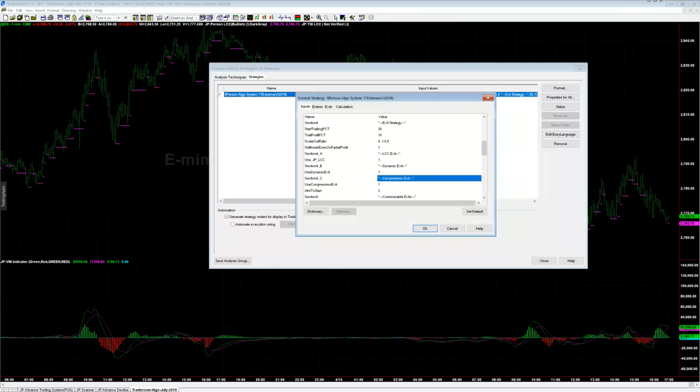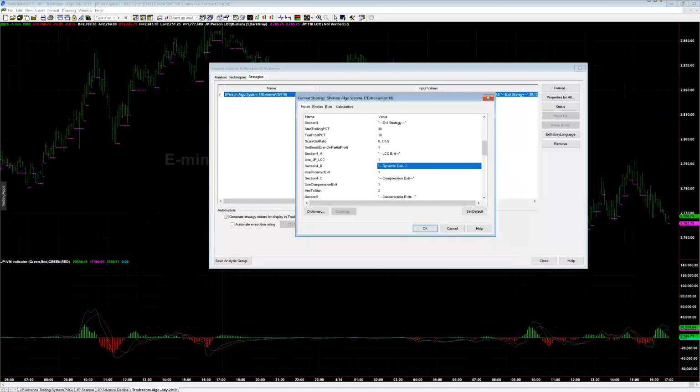Now, I think if I'm not mistaken, there is a question about the compression and what does this mean with the ATR. So compression exit has a combination between dynamic but time. So as time goes forward, it will tighten up the stop.